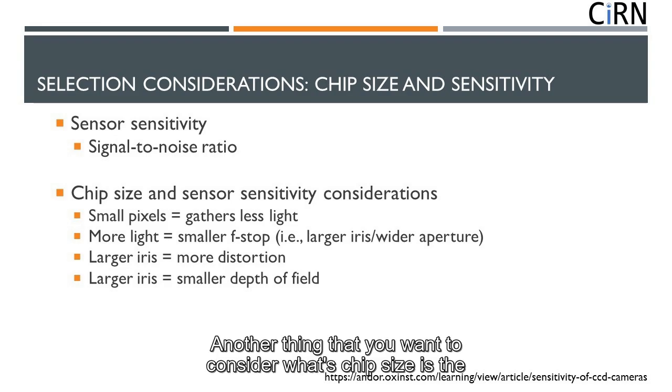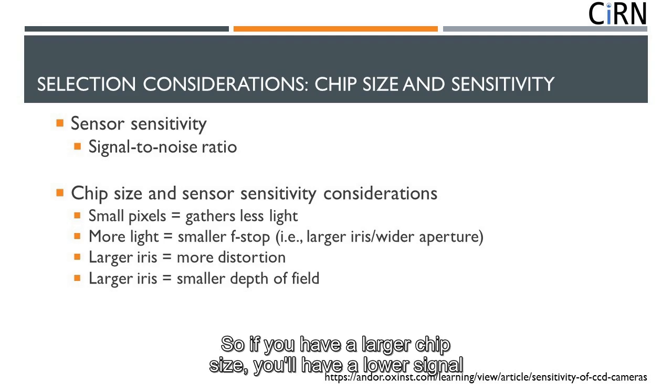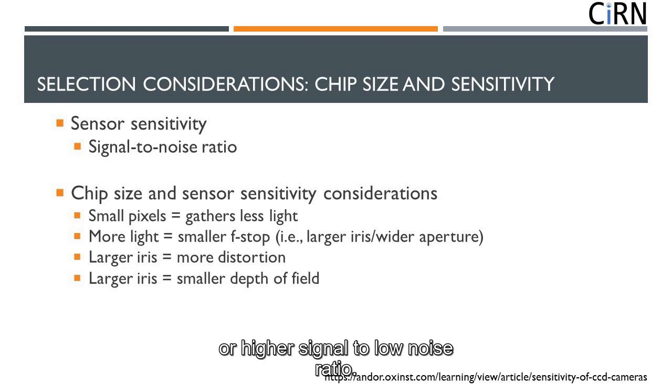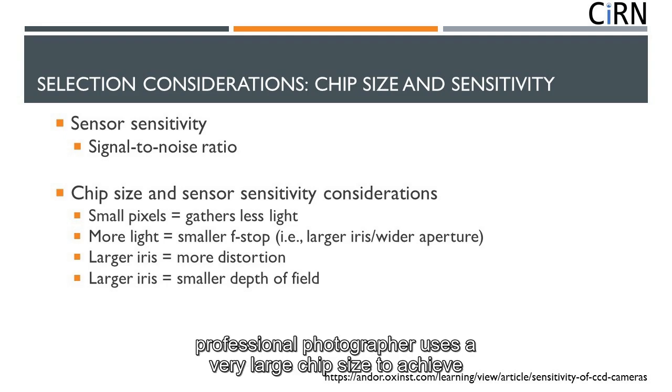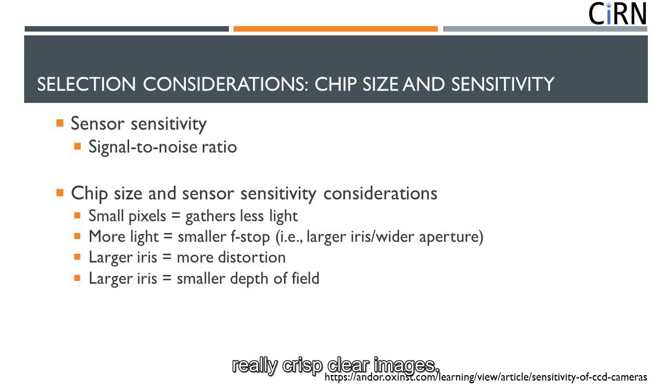Another thing that you want to consider with chip size is the sensor sensitivity. So if you have a larger chip size, you'll have a higher signal to noise ratio. And so when you think about photographers, maybe a professional photographer uses a very large chip size to achieve really crisp, clear images.